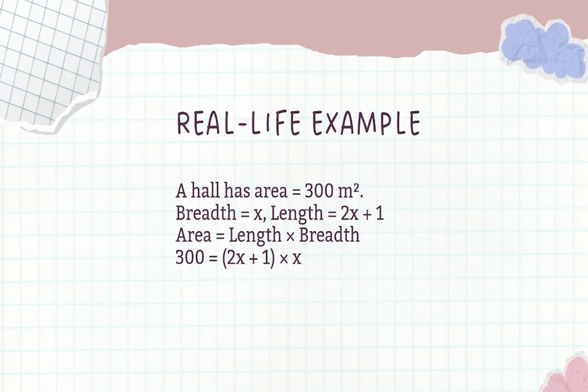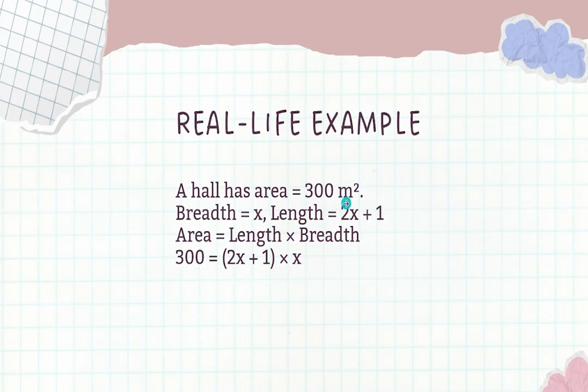Okay, so this is a real life example. A hall has area 300 meters square. The breadth is x and the length is 2x plus 1. If area is length into breadth, then we can substitute.